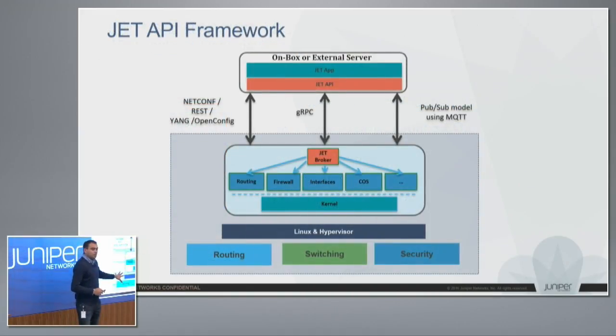This is just a little more detail on how the process works internally. You really don't have to ever worry about it, but we just wanted to show you how it works. So you could develop the app. It uses the API underneath, the Junos Extension Toolkit API. It could talk through standard protocols down to Junos software. And what happens when an API request comes in is it's intercepted by a broker on our end, which then decides which actual daemon at the back end to farm it out to, right?